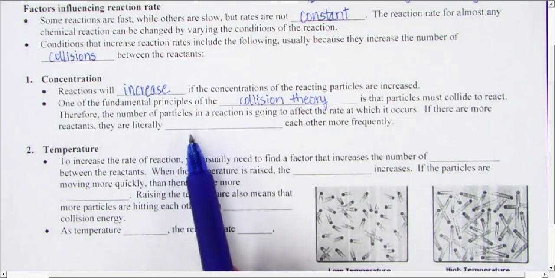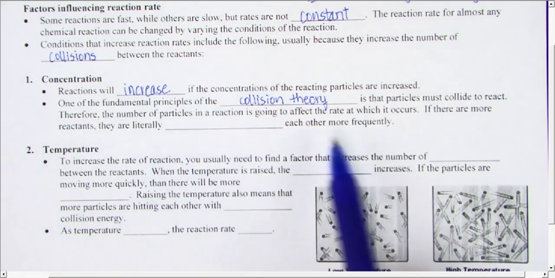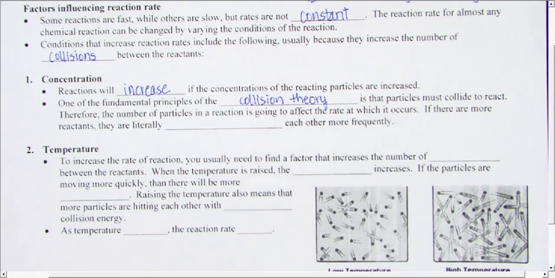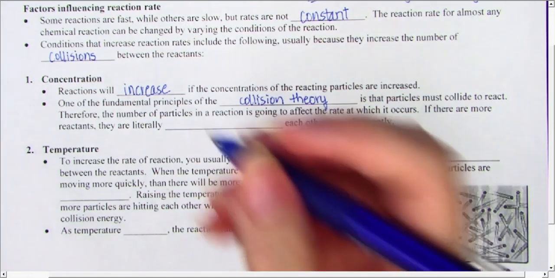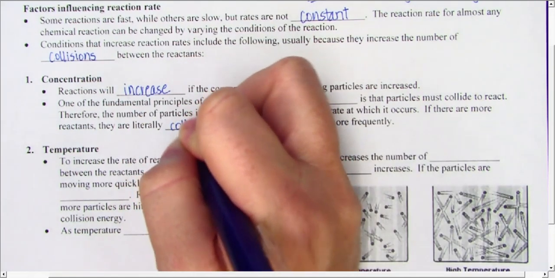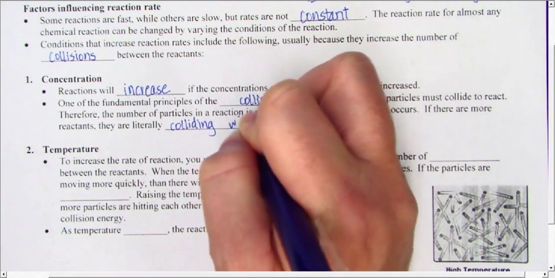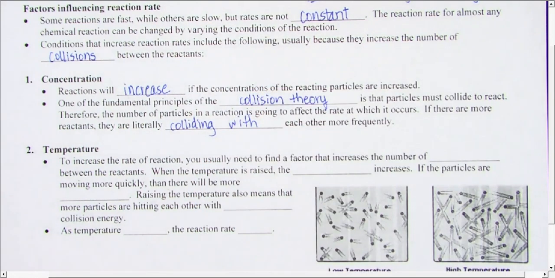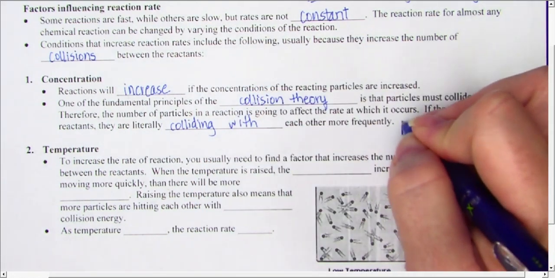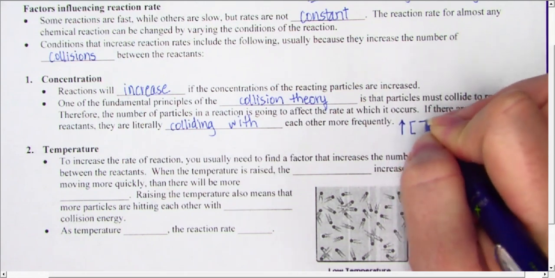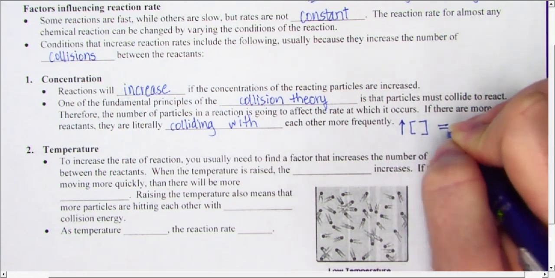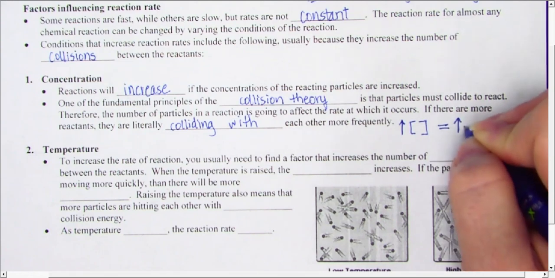Therefore, the number of particles in a reaction is going to affect the rate at which it occurs. If there are more reactants, they're literally colliding with each other more frequently. So if I increase my concentration, that is going to increase my reaction rate.